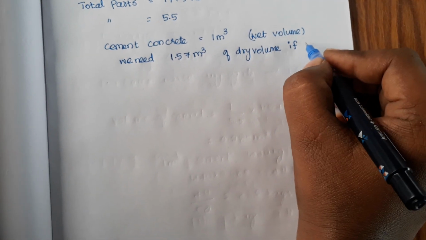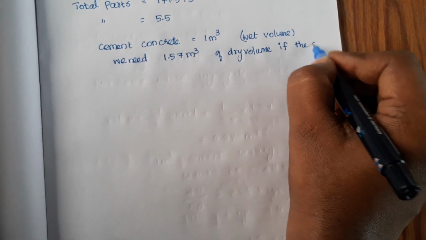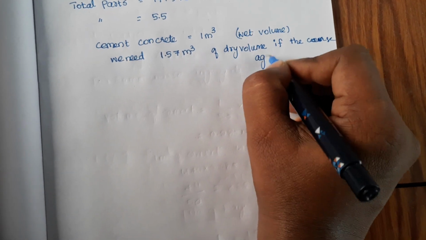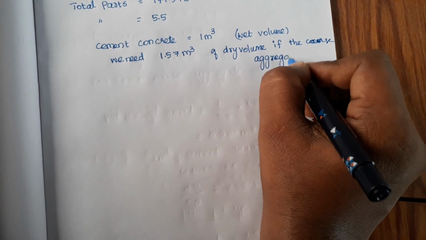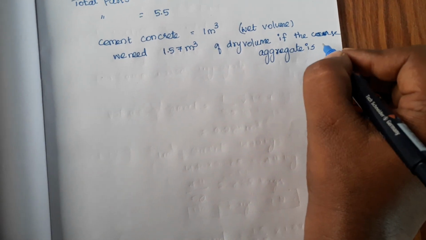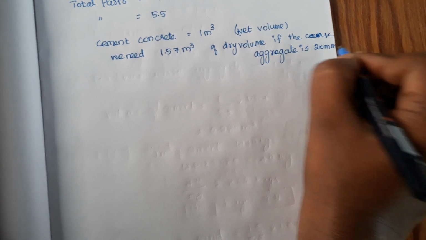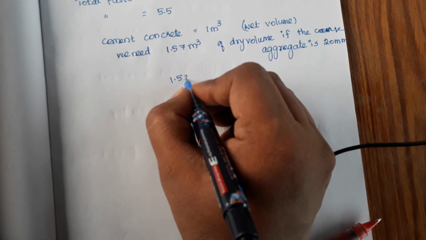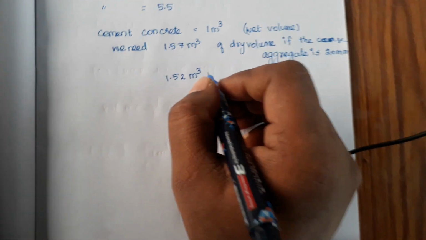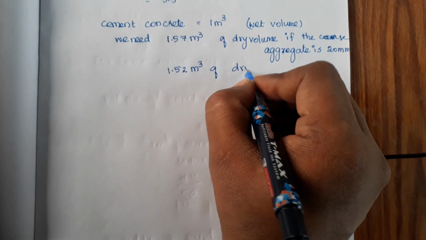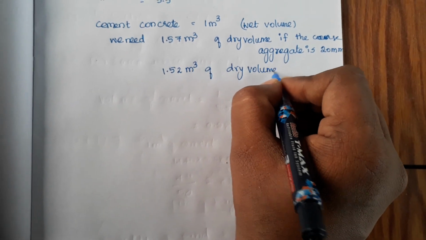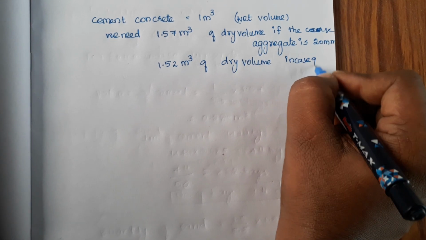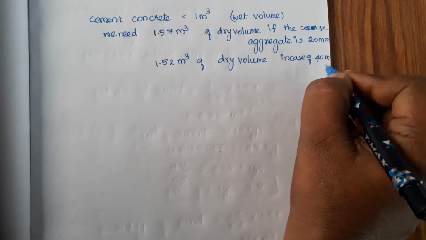If the coarse aggregate is 20 mm, or 1.52 meter cube of dry volume in case of 40 mm coarse aggregate.